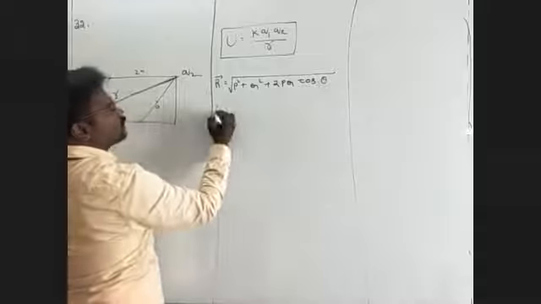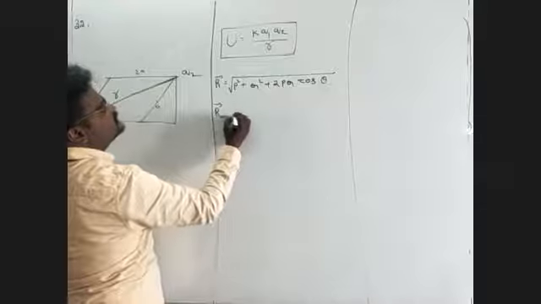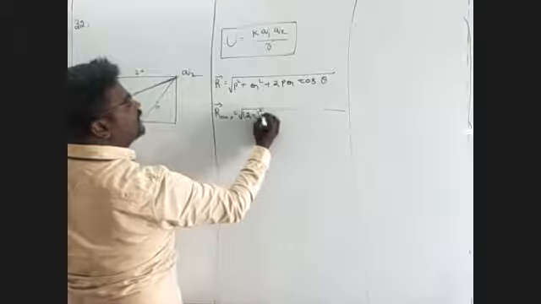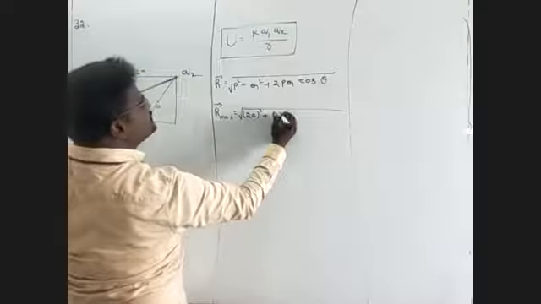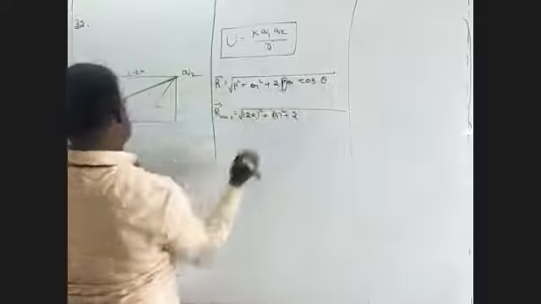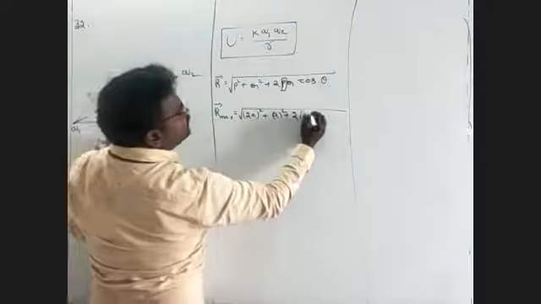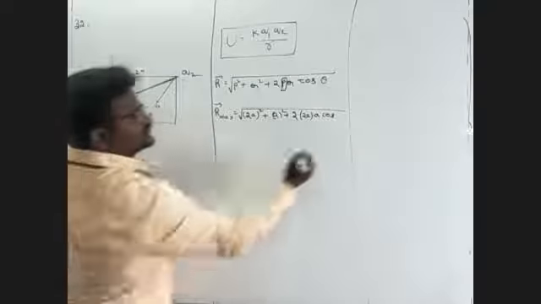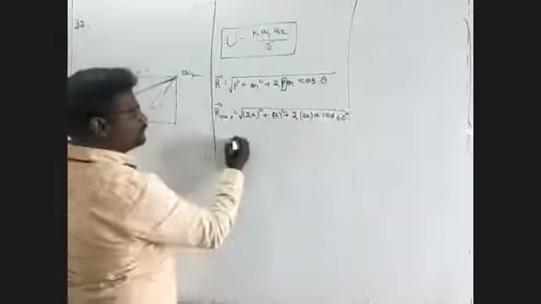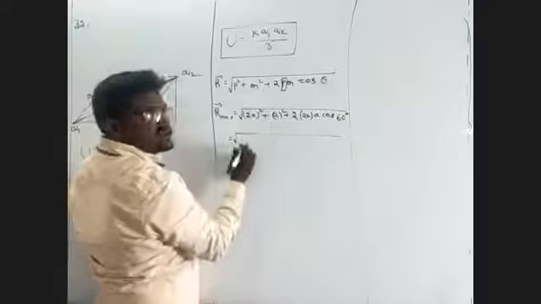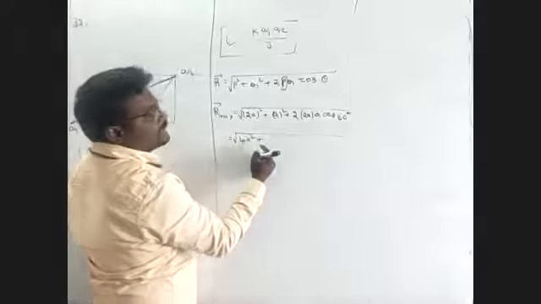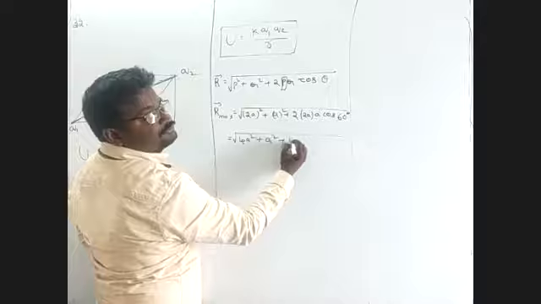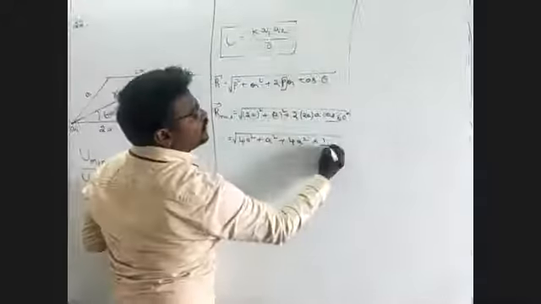Coming to the point, R is maximum, so P is 2a and Q is a, and theta is 60 degrees. R is the root of 2a square, that is 4a square, plus a square, plus 2 into 2a into a, cos 60, which is 1 by 2.